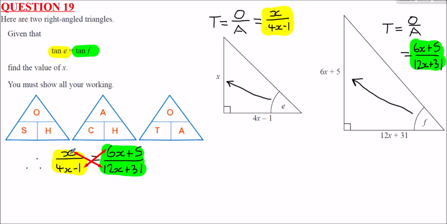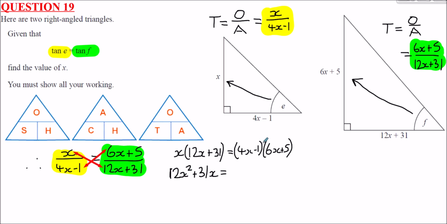We've got x times 12x plus 31 equals 4x minus 1 times 6x plus 5. The first bit we can expand quite simply. x times 12x is 12x squared, and x times 31 is 31x.